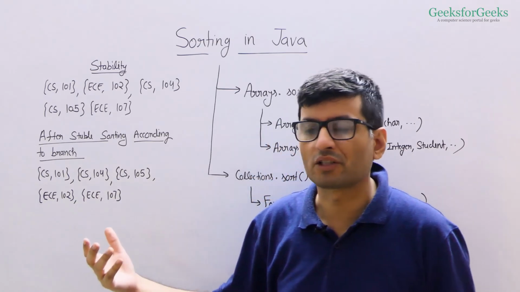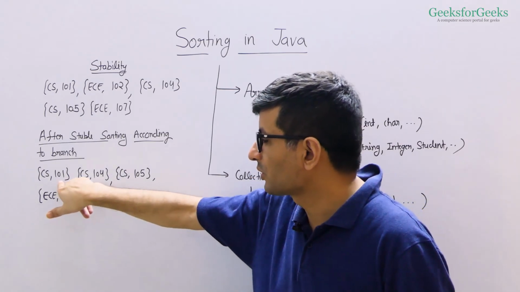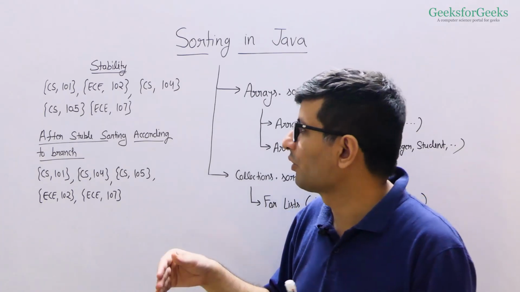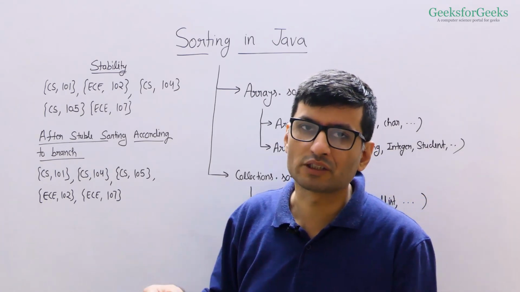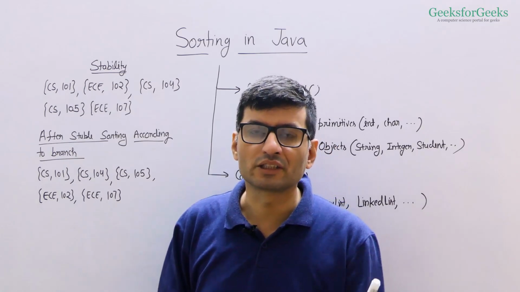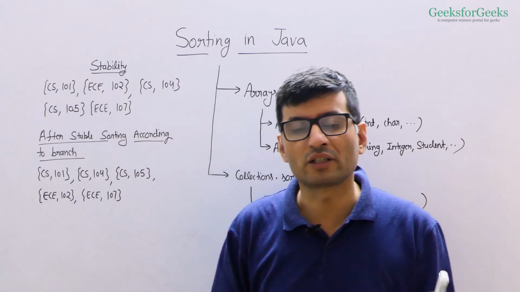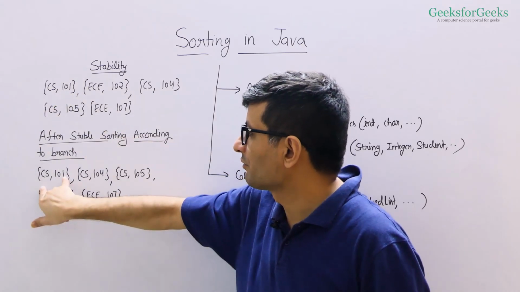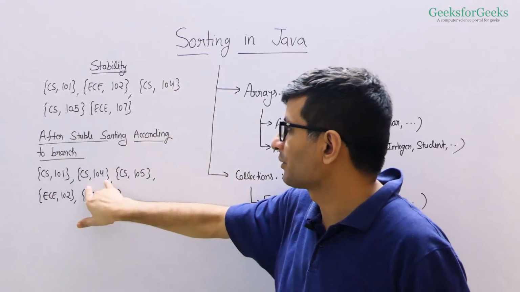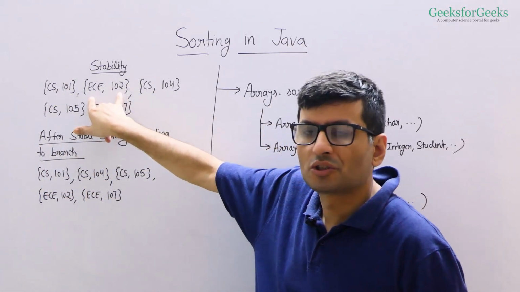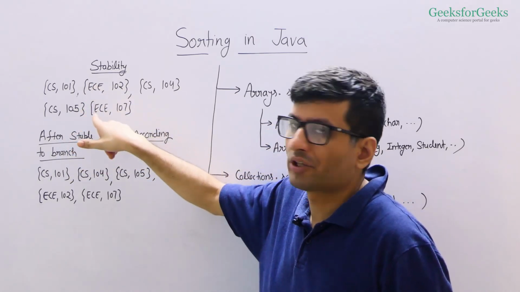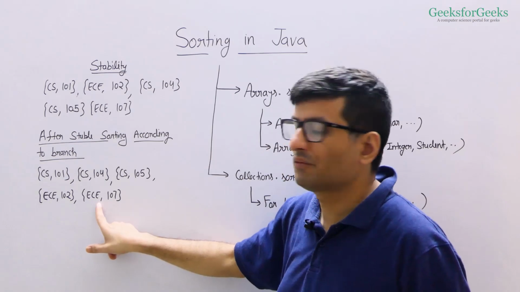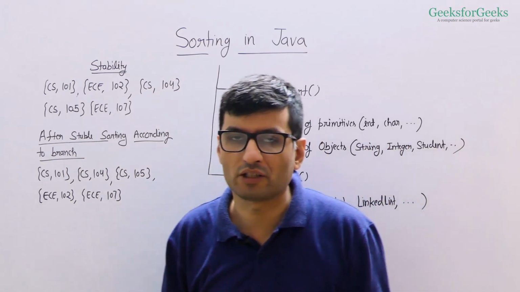What a stable sorting algorithm does is put CS students together, and along with this, it also ensures that the original order of two CS students is retained. If one CS student was earlier in the original order, then it remains earlier in the sorted output. So CS101 should come first, then CS104. EC102 should come first among the sorted ECE students. We have two ECE students, so 102 comes first and then 107. This is a stable sorting algorithm.